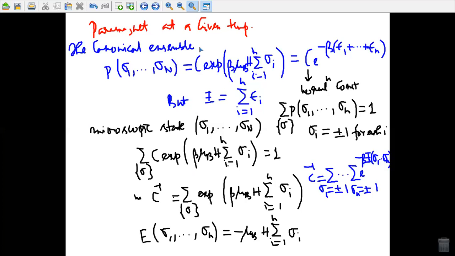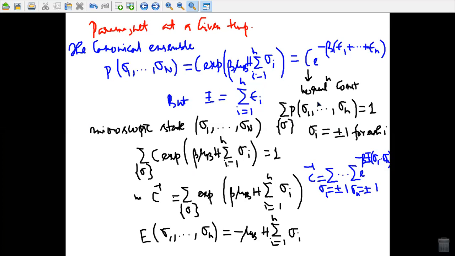The constant C in the equation is a normalization constant, which ensures that the summation of P(sigma 1 to sigma n) is equal to 1, where the summation over sigma denotes the summation over all possible configurations with sigma_i equal to plus or minus 1 for each i, right?